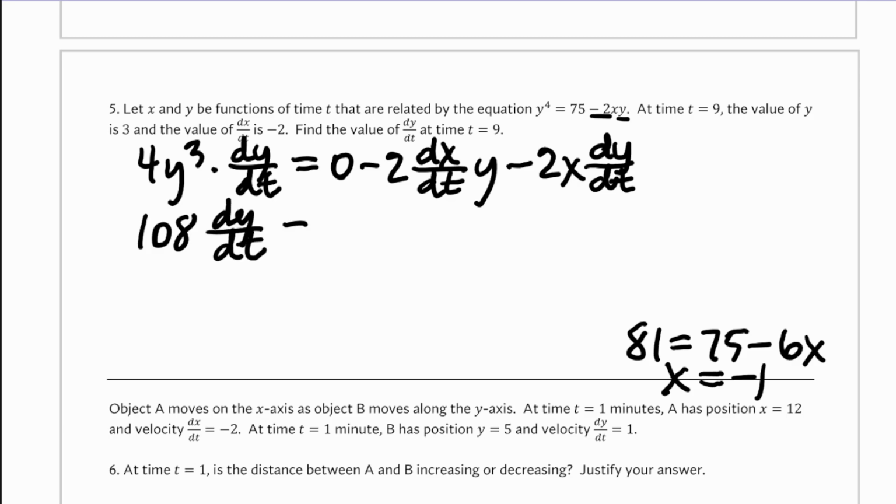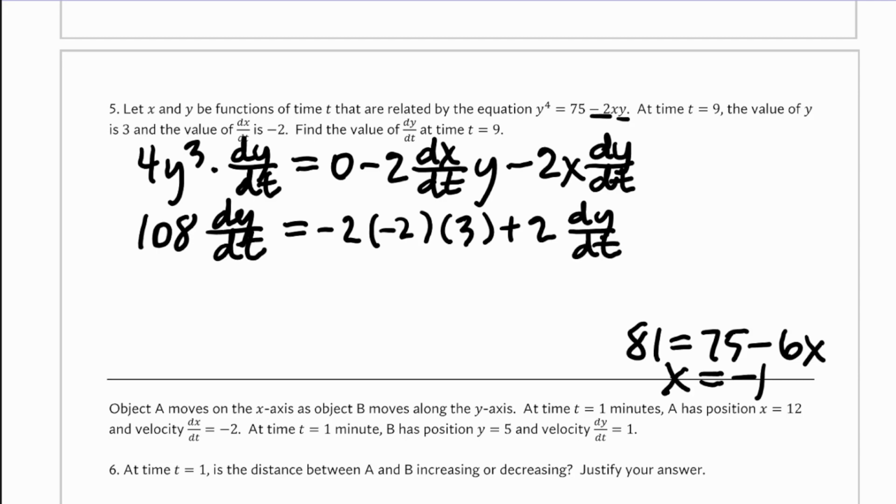dy/dt equals 2 times y would be negative 6 dx/dt. Oh, wait, they told us dx/dt is negative 2. So negative 2 times negative 2 times y, minus 2x would be positive 2 dy/dt.